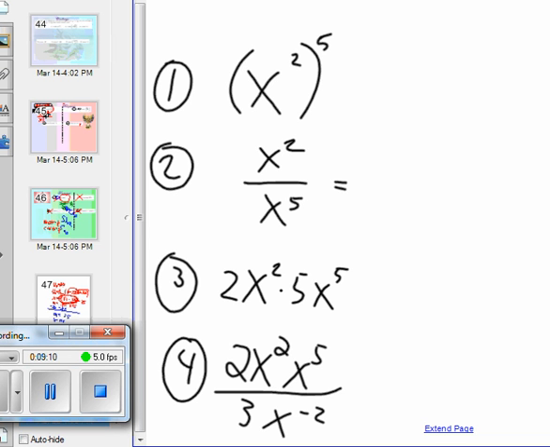Let's see. Oh, and then there's one more that people usually mess up. See if you get caught on this. Number 5. See if you know your power rules. I'll pause while you give that 5 little question quiz a try.